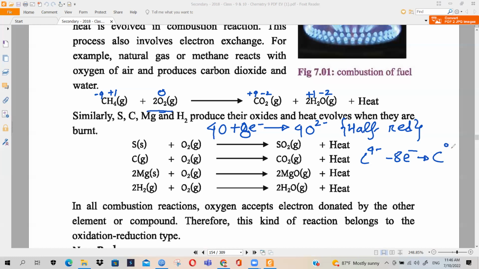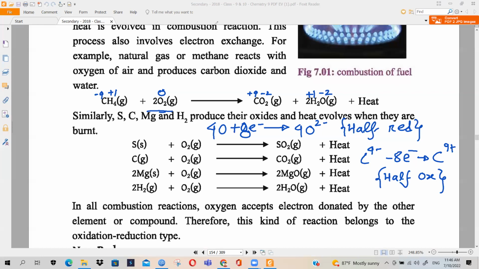This is a very strange reaction, if you would ask me. I'm stunned. Carbon is changing from -4 to +4, right? That is very interesting.